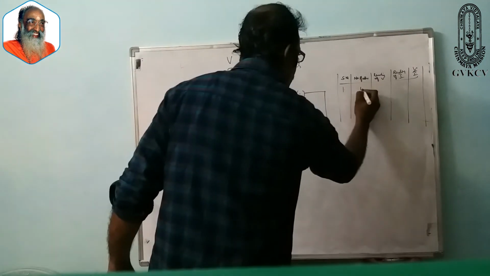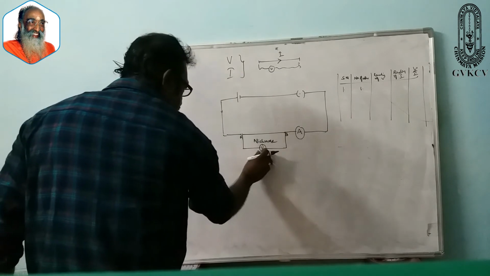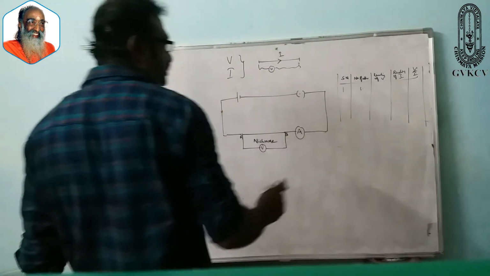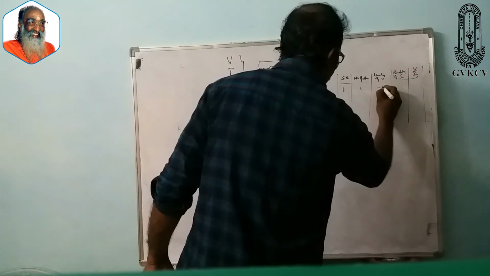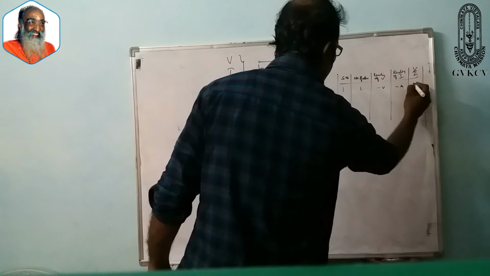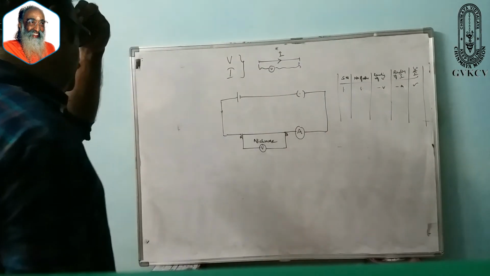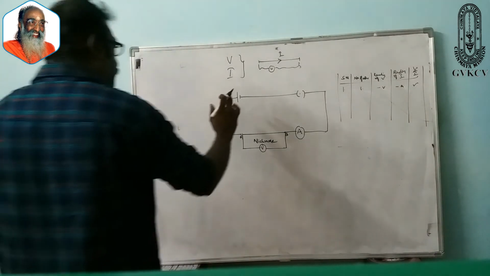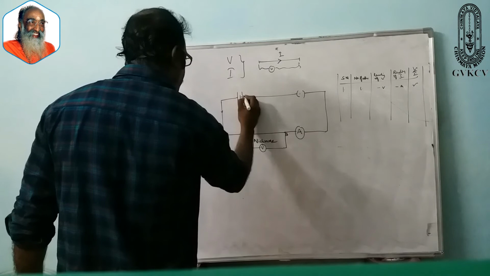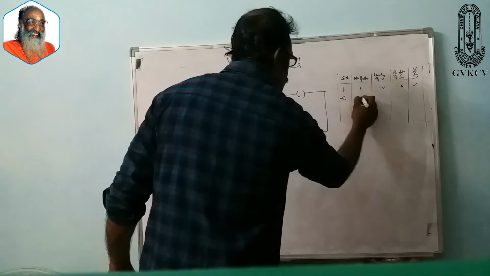At that time, when the current is passing, we are going to observe some readings here and some readings here. It may be some volts and some amperes, and if we take the ratio of these, you are going to find a value. Then let's go with another cell, so 2 cells, the readings and the ratio.